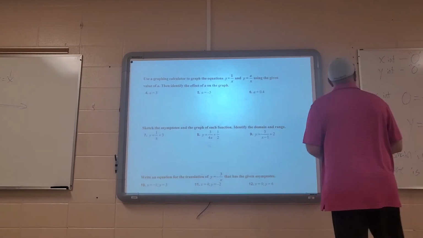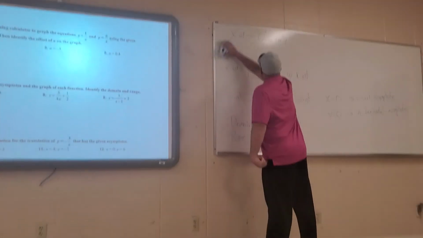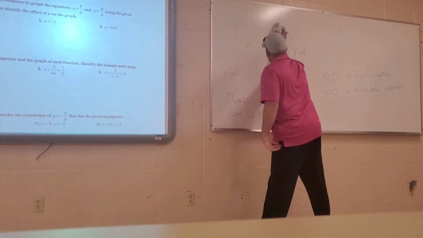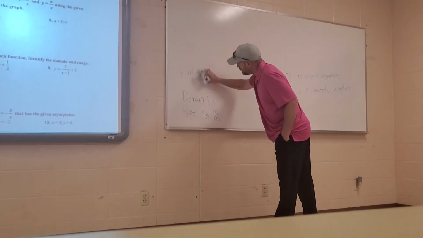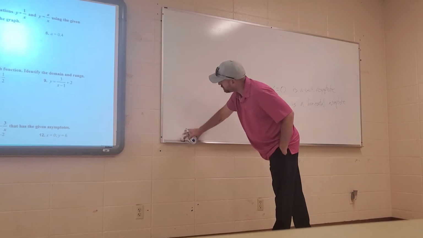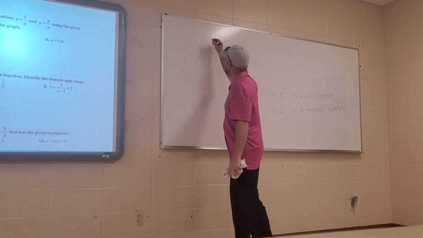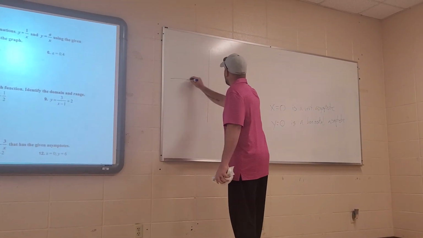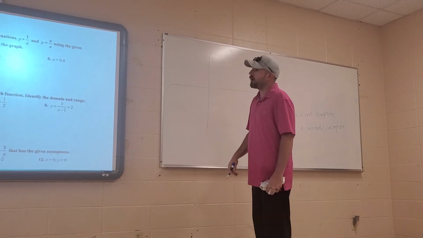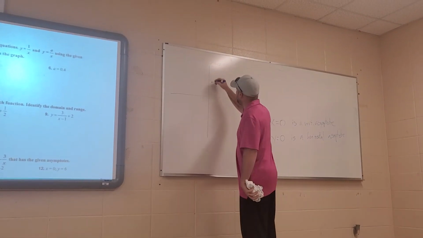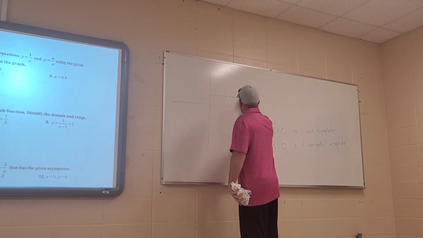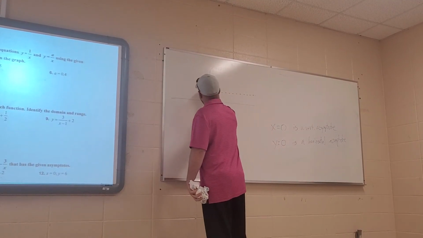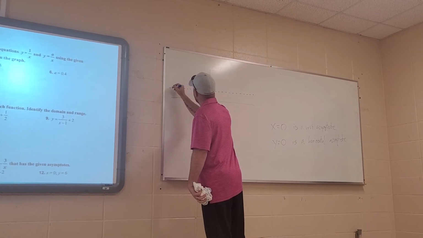So let's look at the first one. Okay, the first one is y equals 1 over x plus 3. So up here at 3, there's a horizontal asymptote.